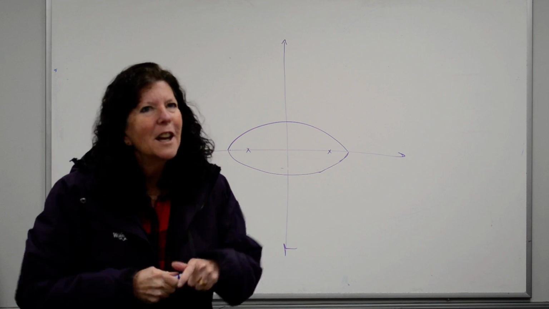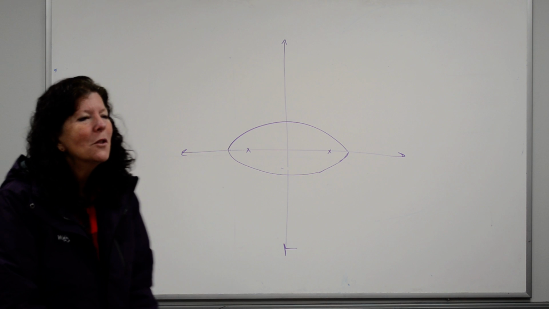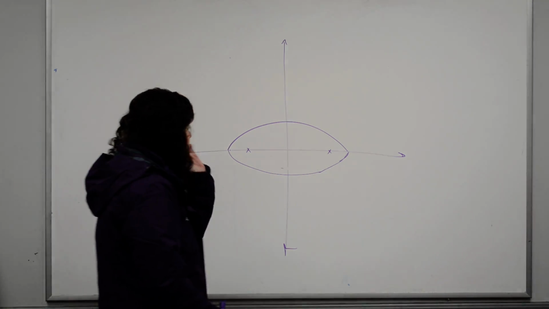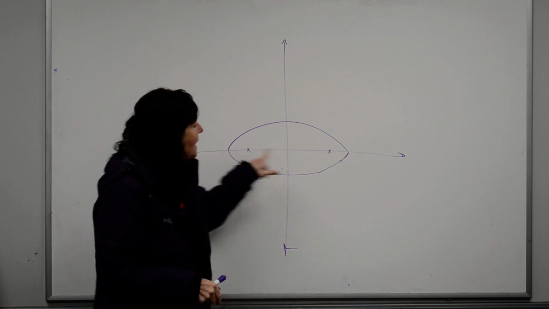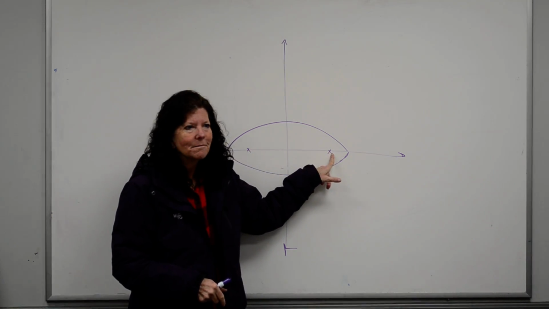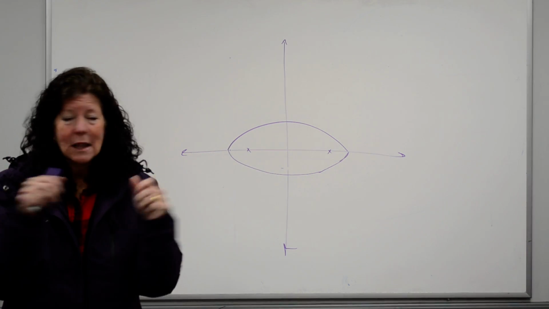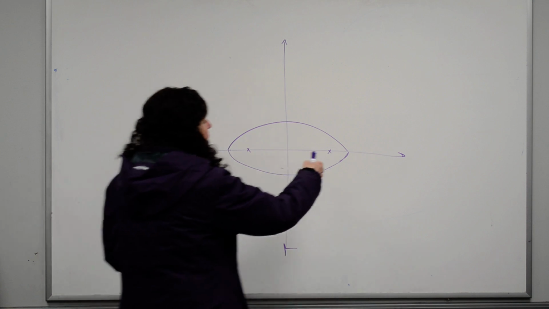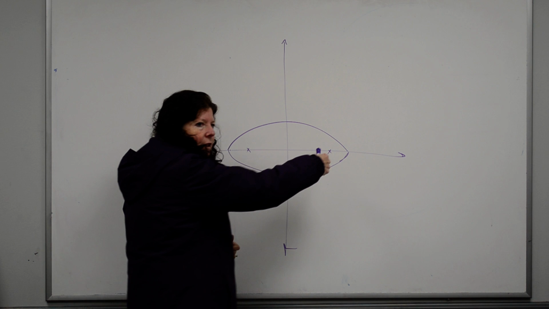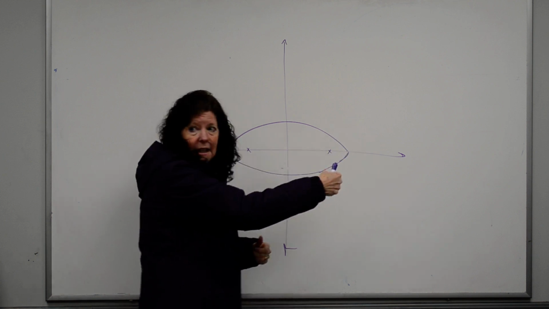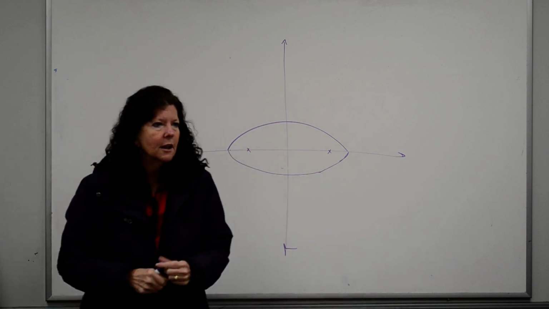If you've ever done any kind of string art, think about it: if I put a nail here and a nail here, and I had a string tied in a circle, and I took a pencil and pulled out the string so that it was tight against the pencil, and I drew, it would draw an ellipse.